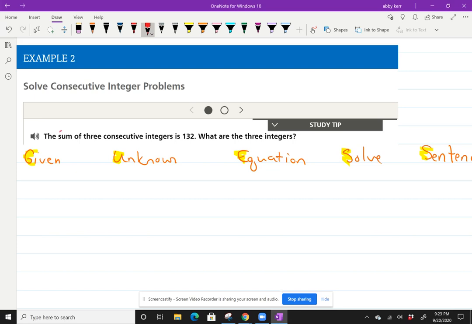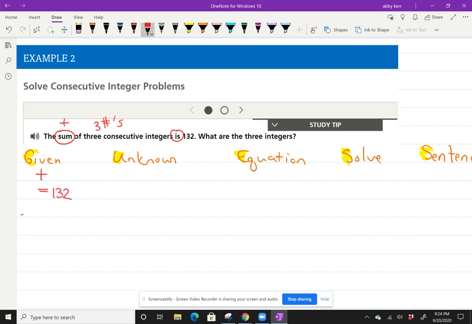So we know that we're going to do the sum, which is adding. So we're annotating. We know that we're going to have 3 numbers. We know that the word "is" means equals, and that it's going to equal 132.